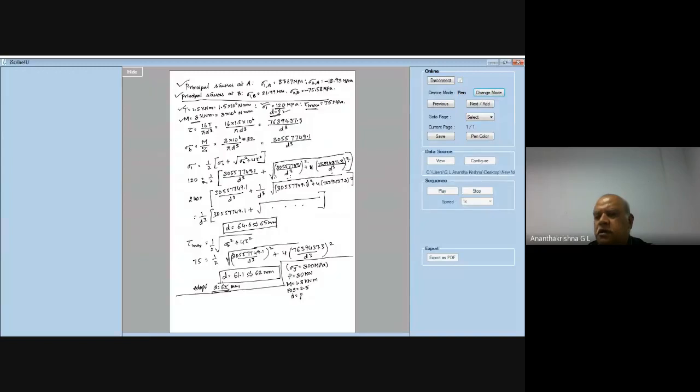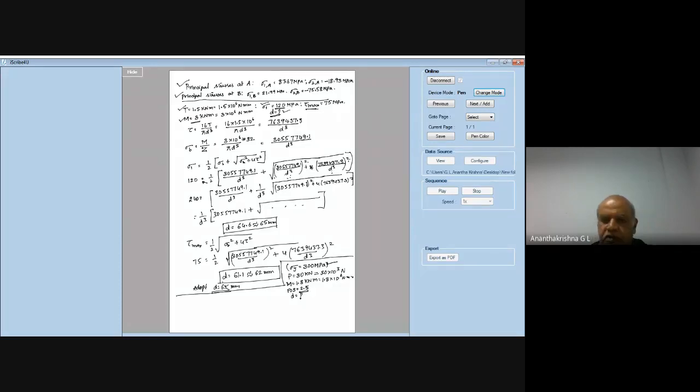What are the things that are given? Please look at the screen now. The material that is chosen has got yield stress of 300 megapascal. It is subjected to an axial load of 30 kilonewton, that is 30 into 10 power 3 Newton, and it is subjected to a bending moment of 1.8 kilonewton meter, so therefore 1.8 into 10 power 6 Newton millimeter.